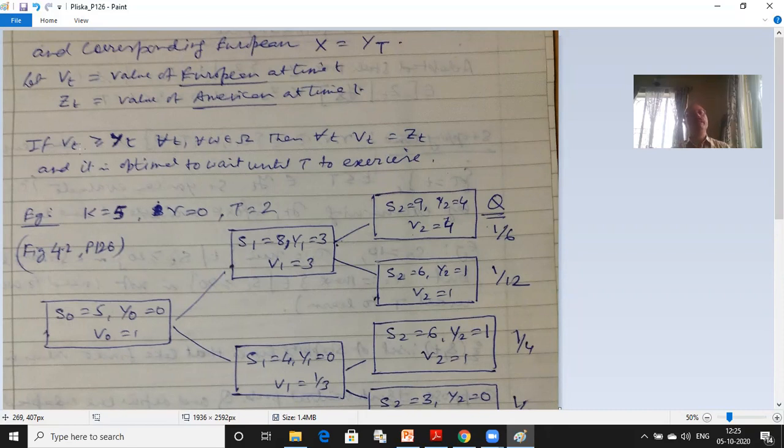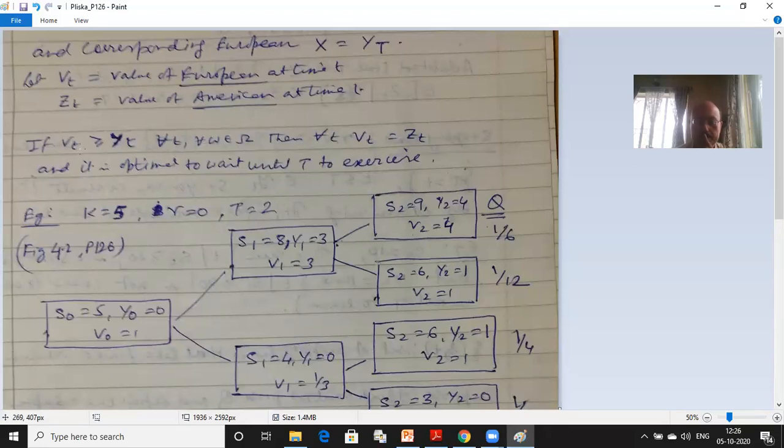You see, what happens with the American? The American is the best choice available at a particular point of time. So if the European option is as good as all the possible scenarios at all possible time points, then I cannot do any better than the European. So the value of the American will be the same as the European, which is saying that I will wait until capital T to exercise. So early exercise is not optimal, because the European value is always better than, or at least as good as, the current situation.